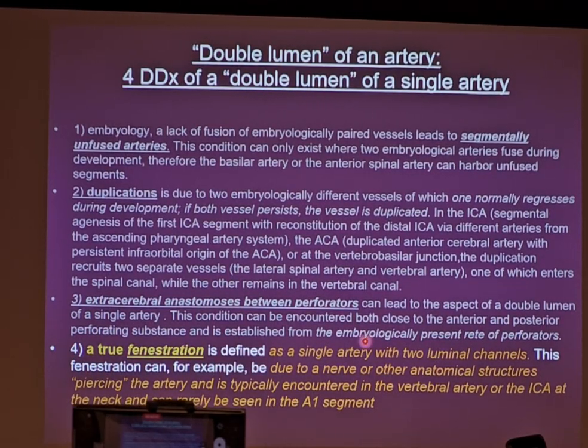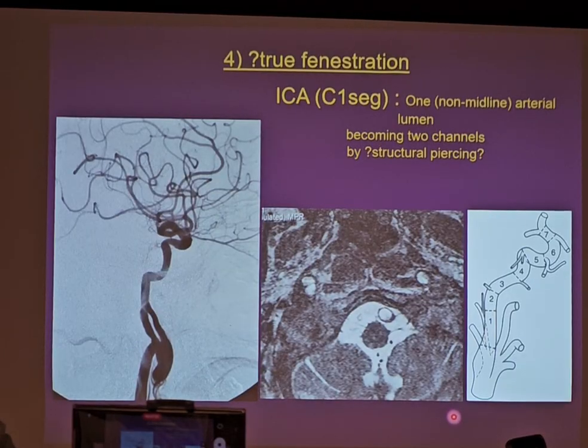And then there is the so-called true fenestration, which should be applied to a single artery with two luminal channels. This can occur, for example, during development, when a nearby nerve or anatomical structure pierces through the artery, and is typically encountered in the vertebral artery or ICA at the neck. The classic one put in the book is in the cervical ICA.